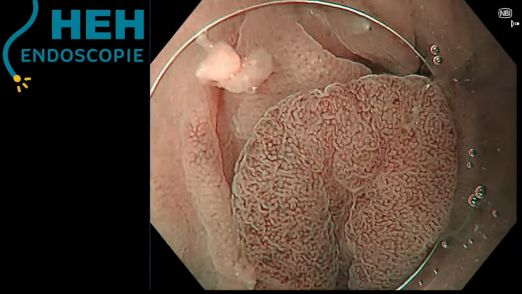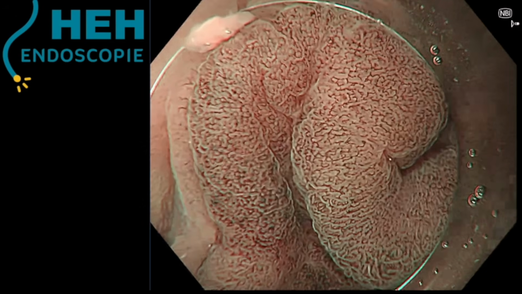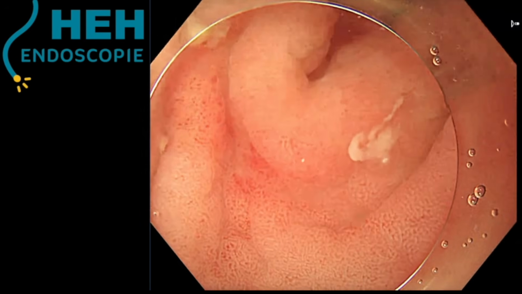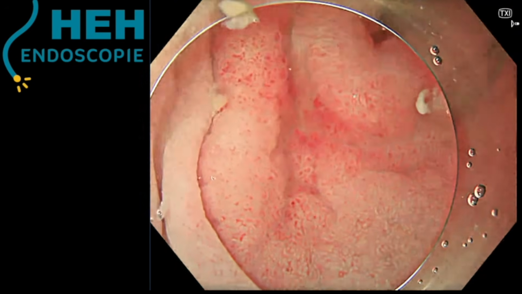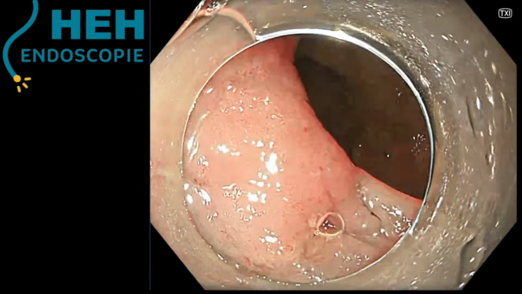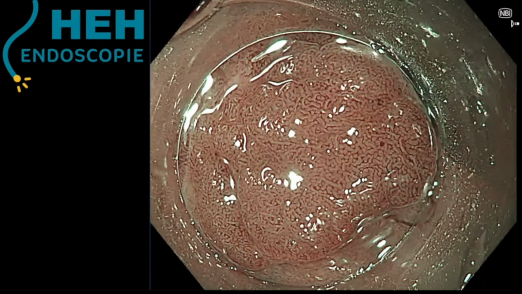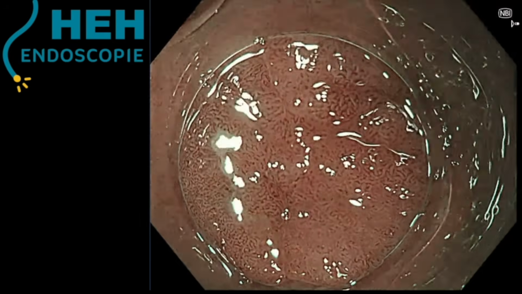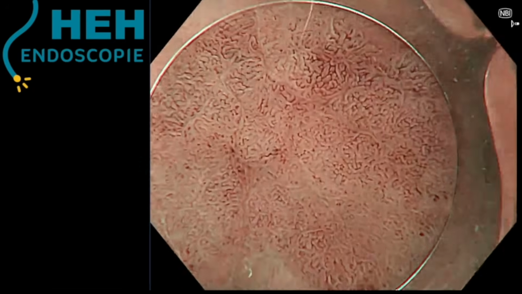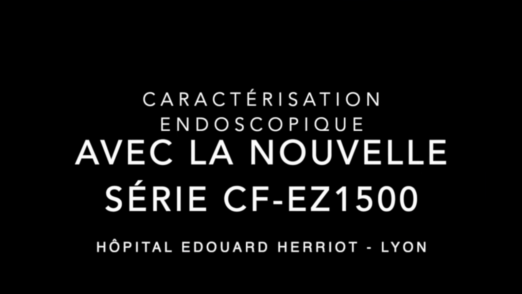But in this case, it was a non-granular LST, not depressed, elevated, with no area of demarcated pattern. Everything was quite regular. So for me, Sano 2 and probably Kudo 4 or 3L, but no area of really irregular pattern. We did ESD because of the aspect of non-granular LST, but finally it was only high-grade dysplasia for this lesion. So we classified it as connect 2C.